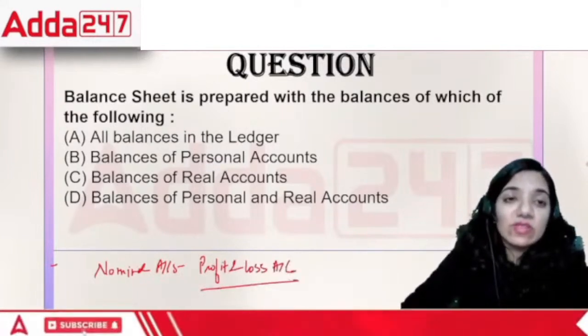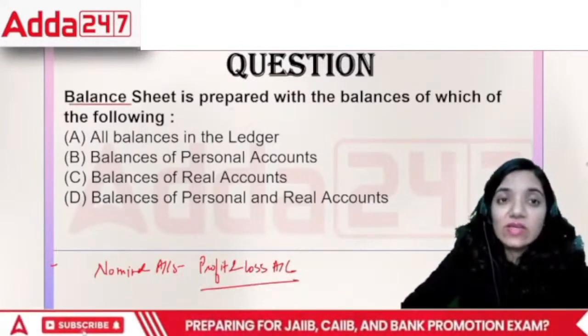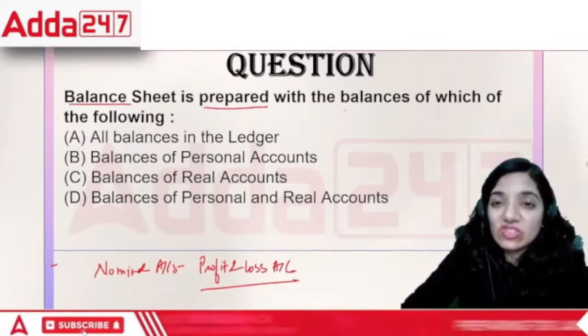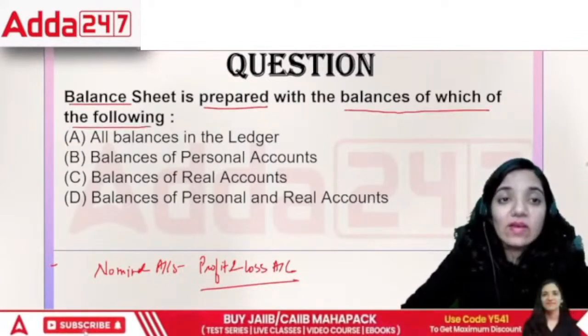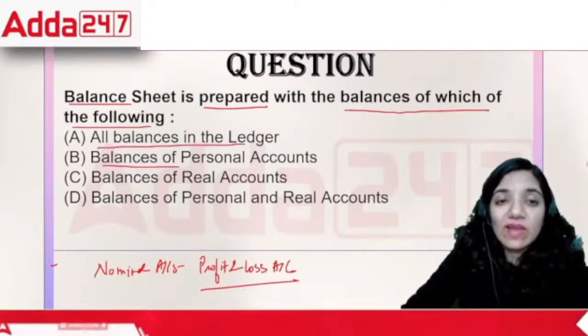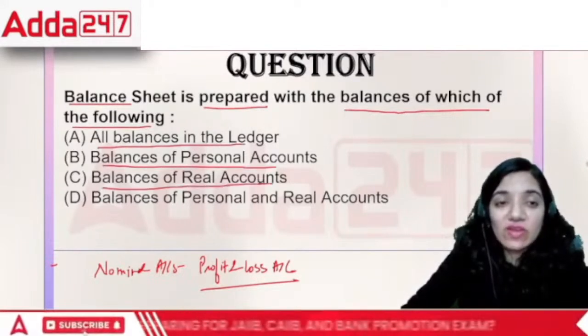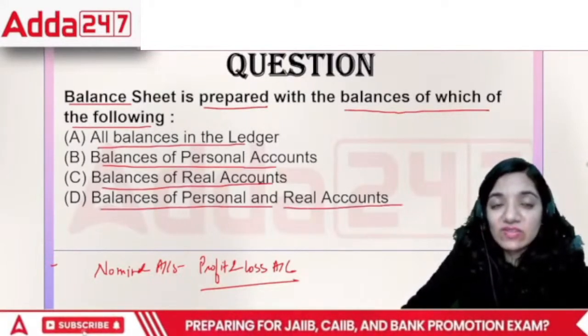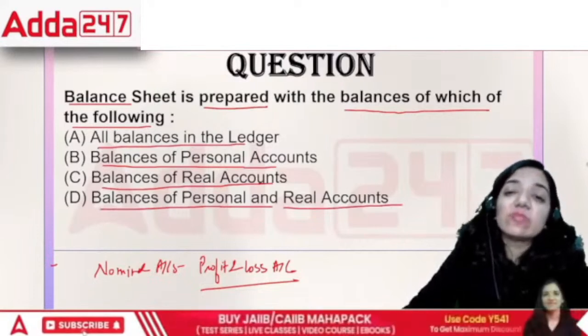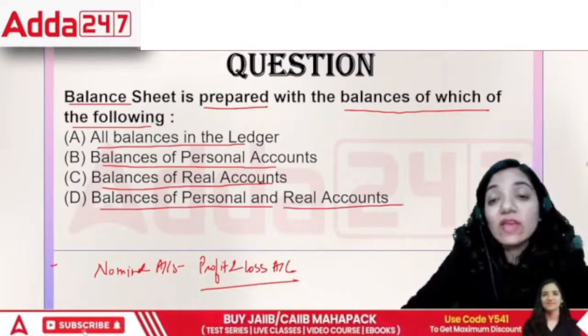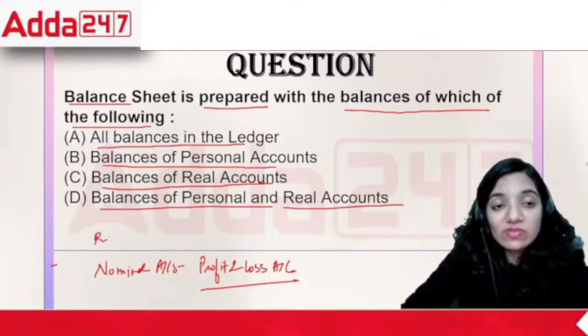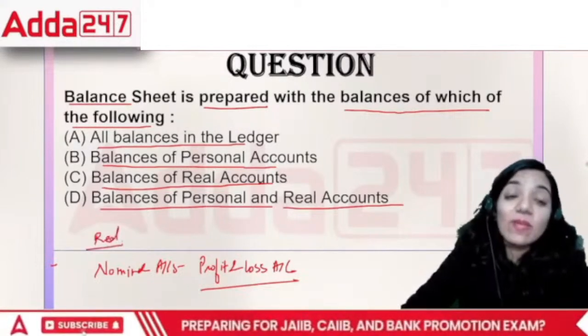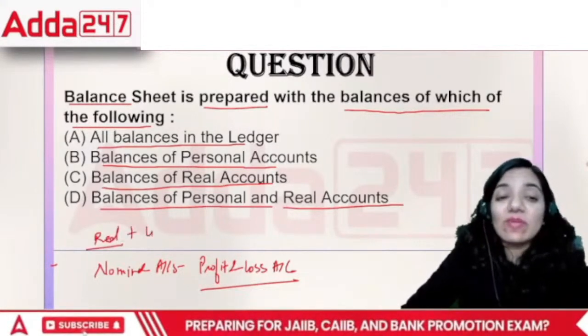And when we talk about the balance sheet, it is prepared with the balances of which of the following? All balances in the ledger, balances of personal accounts, balances of real accounts, or balances of personal as well as real accounts? It includes all the real accounts because it includes all the assets, but it also records all the liabilities as well.